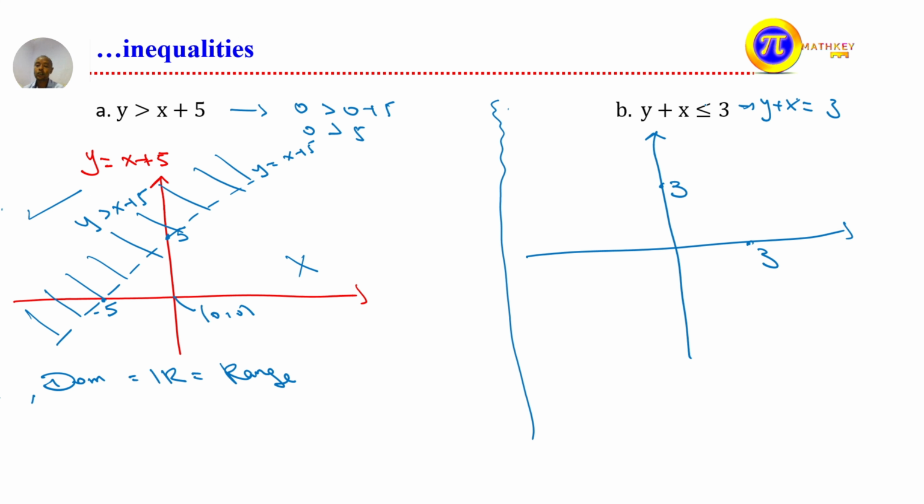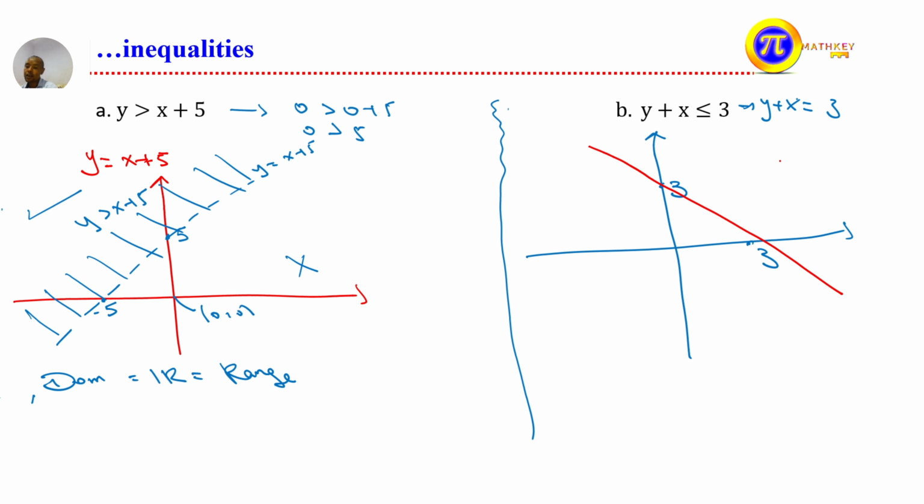This is less than or equal. If that's so, we use closed, that means a bold or solid line. That means we join the intercepts with a solid line. And as we did before, 0, 0 is on this side. The origin is on this side.